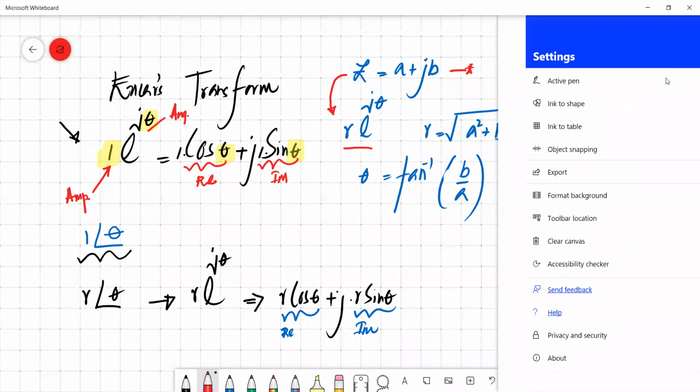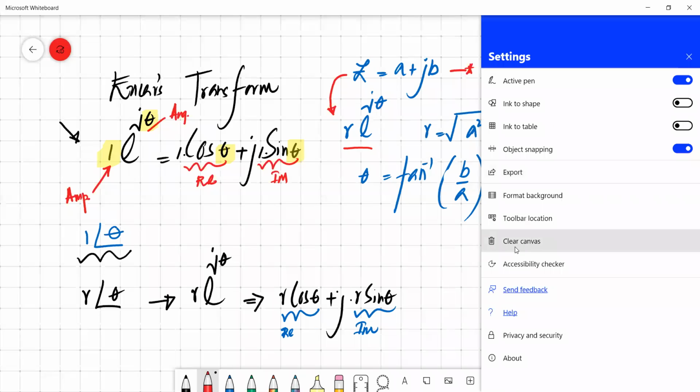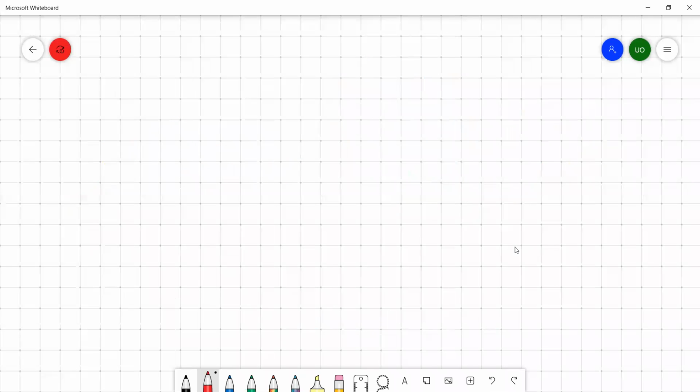What about this? Let's assume you have this kind of a signal. We know that any kind of a complex exponential can be represented using this.